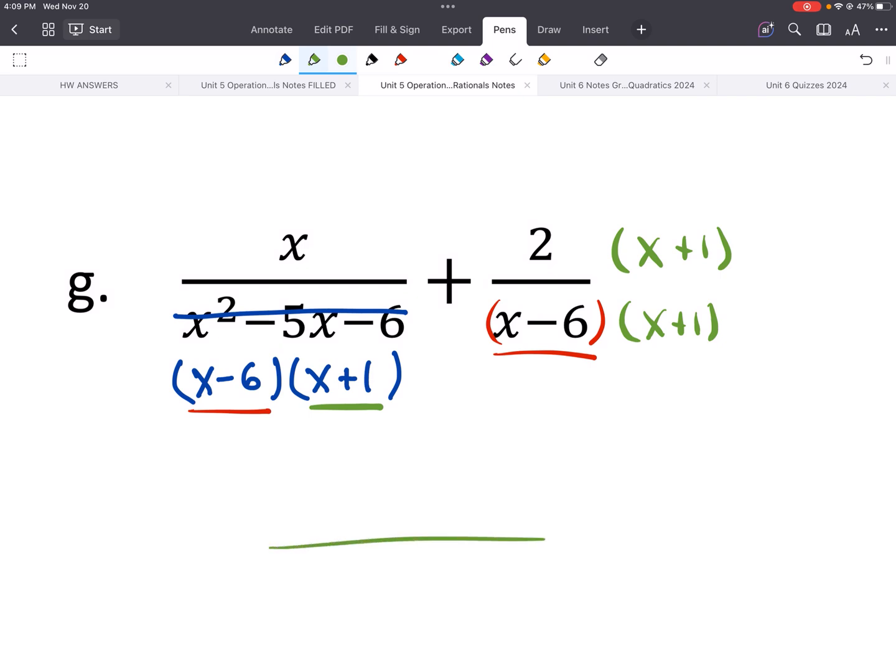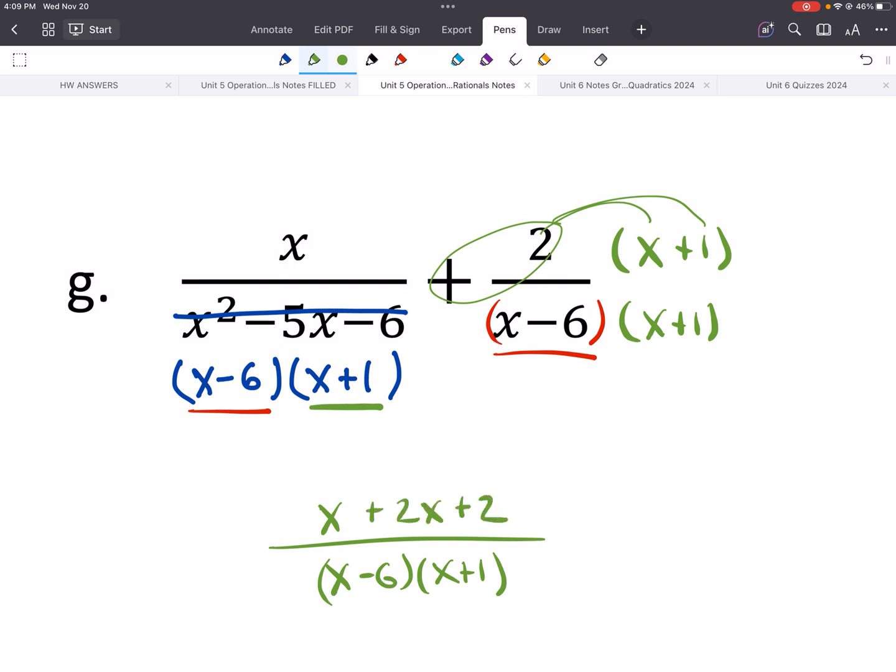So our answer here on the bottom would be x minus 6 and x plus 1. And on the top, we're going to have x, and then we're going to distribute to give us plus 2x plus 2. Combine like terms.